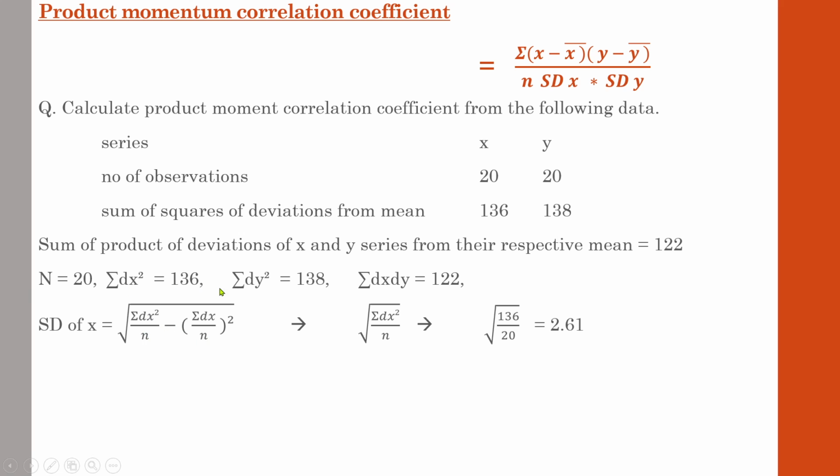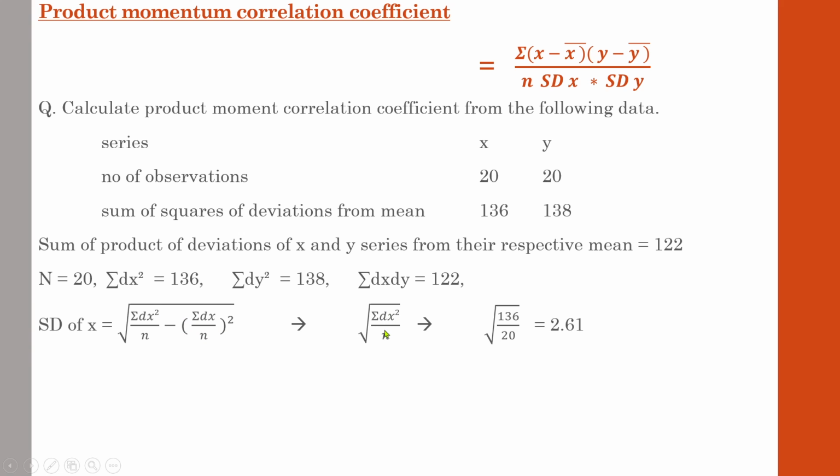On the basis of the details given, you have sigma dx square and n, but no information about sigma dx, and there is no additional information regarding how to find sigma dx. So we can assume that in this case the equation can be altered: we take only the first part alone, because there is no information regarding sigma dx by n the whole square.